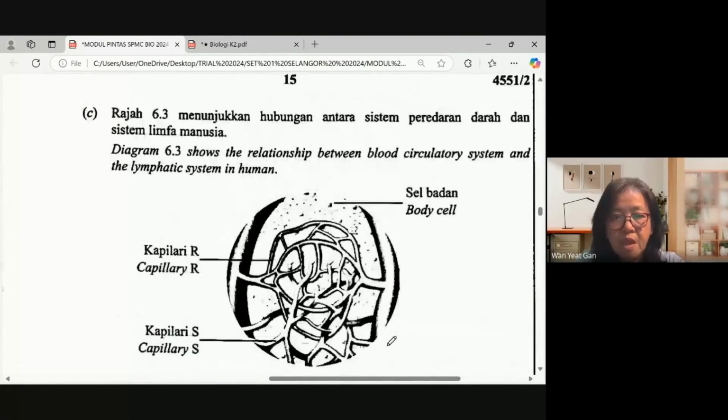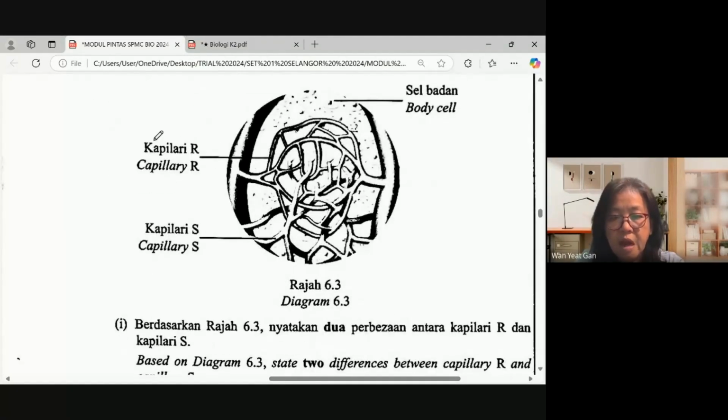Okay. Diagram 6.3 shows the relationship between the blood circulatory system and the lymphatic system. So you have R and S. R, you can see, is a loop connected to an arteriole and a venule, while S has a blunt end and is not connected.